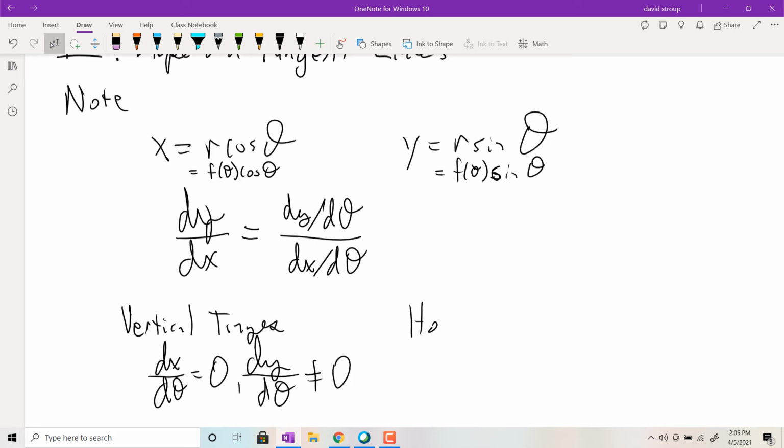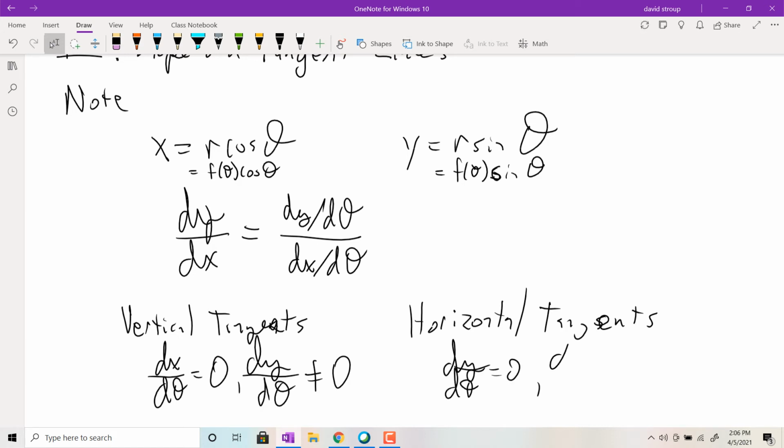And the horizontal tangents are going to be the places, I'm just abbreviating it, tans for tangents, that'll be where dy over d theta is equal to 0, but dx over d theta is not equal to 0, just like with the parametric equations.